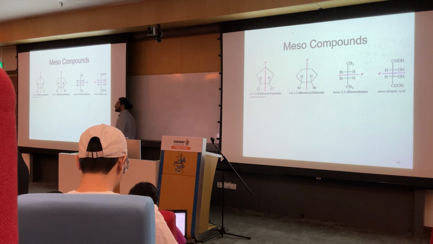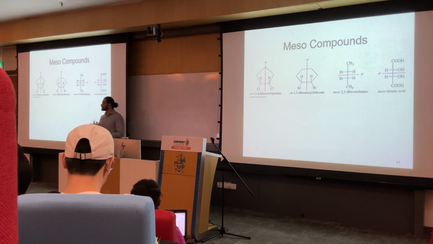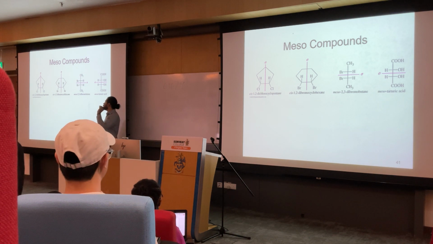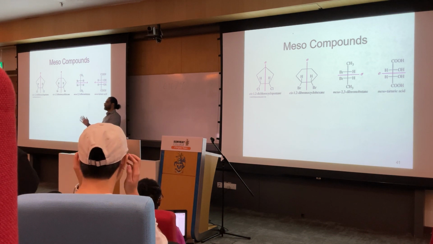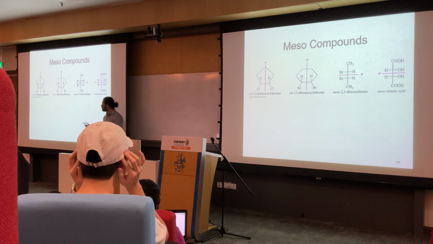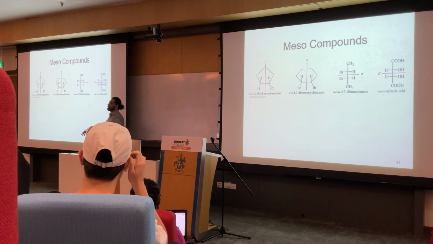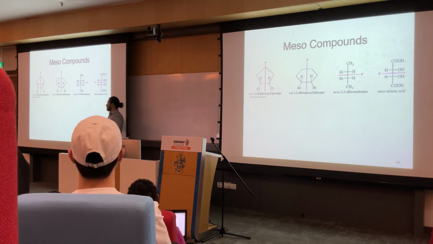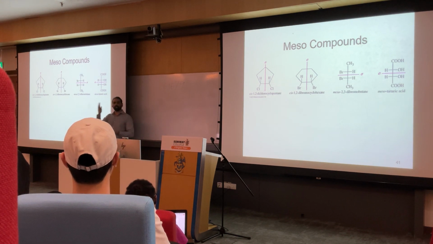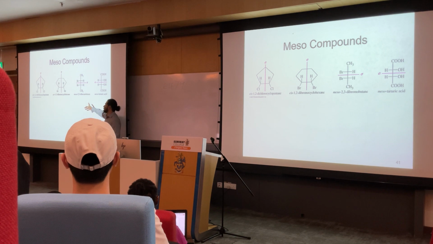And that will make the overall molecule non-stereoactive, meaning that if you put that in a polarimeter, it will not rotate the plane polarized light at all, even though it had more than one chiral center in the molecule. Even then the molecule can have a plane of symmetry or center of symmetry, and those molecules are called meso compounds.